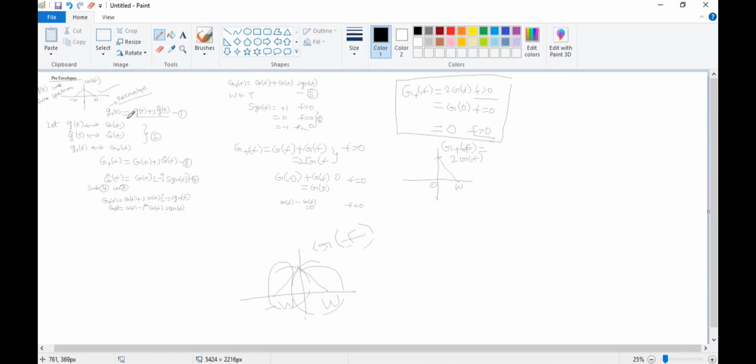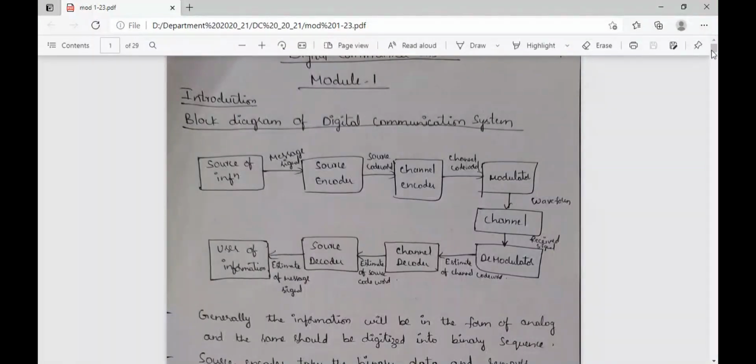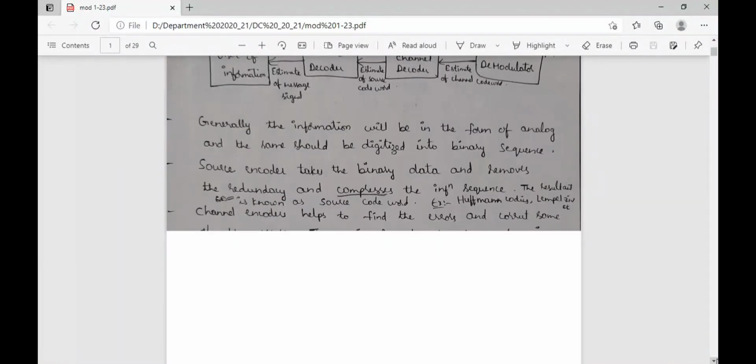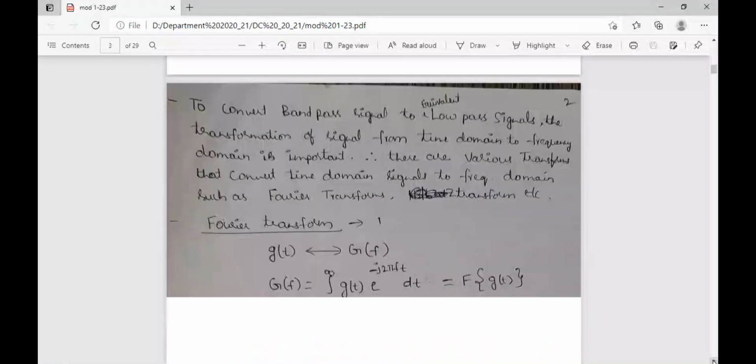Okay, so that can be generally represented as G plus of T is equal to G of T. I will just take the notes. In notes I have written very clearly only. One second.